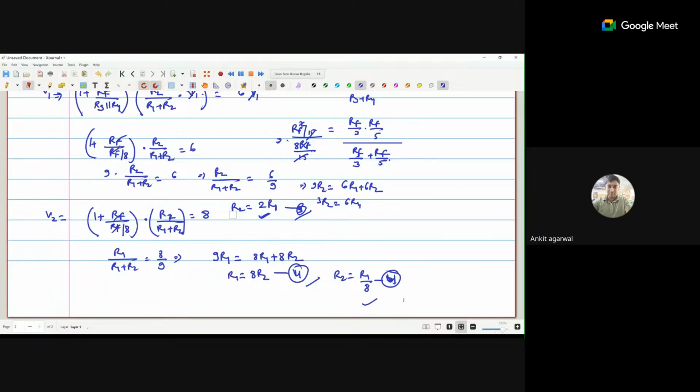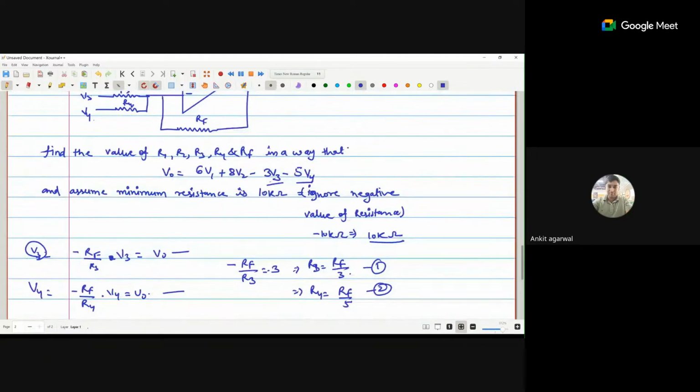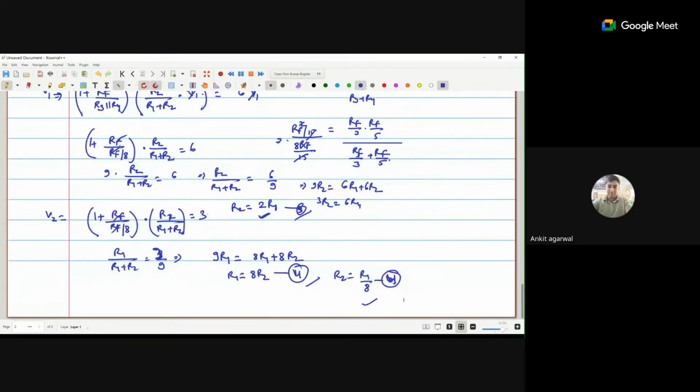Can we solve it for the 3? If I change the equation as 3V2, so we are getting 3R1 plus 3R2 is equal to 9R1.